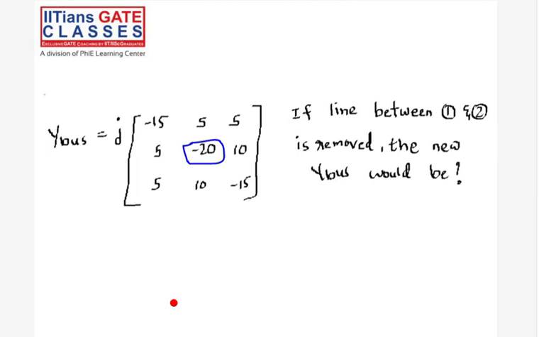So what does the minus 20 mean? Any idea? I told you what Y22 is. So what does that mean? What does Y22 stand for? Or what is the physical significance of the minus 20?